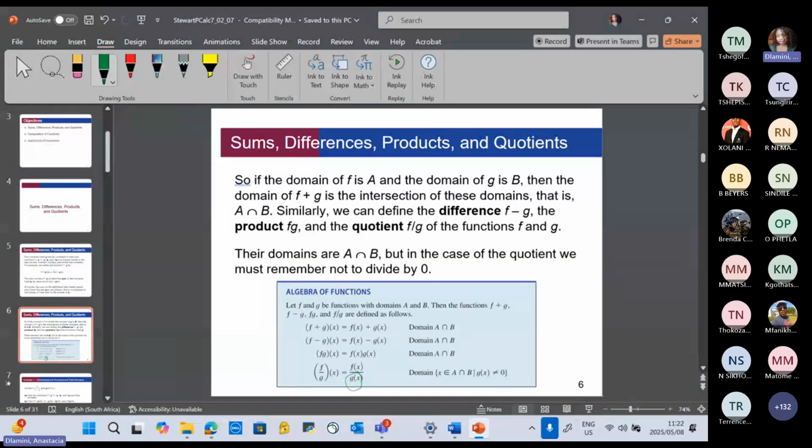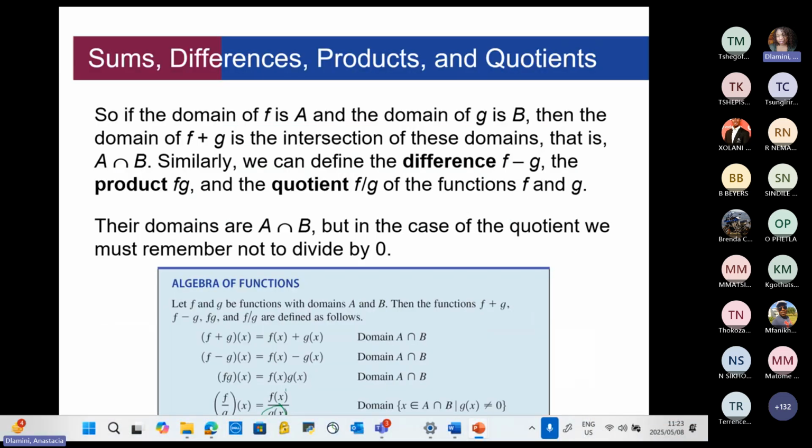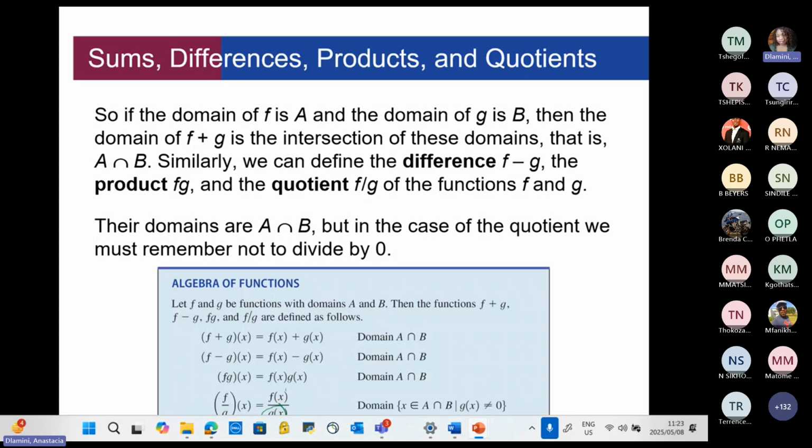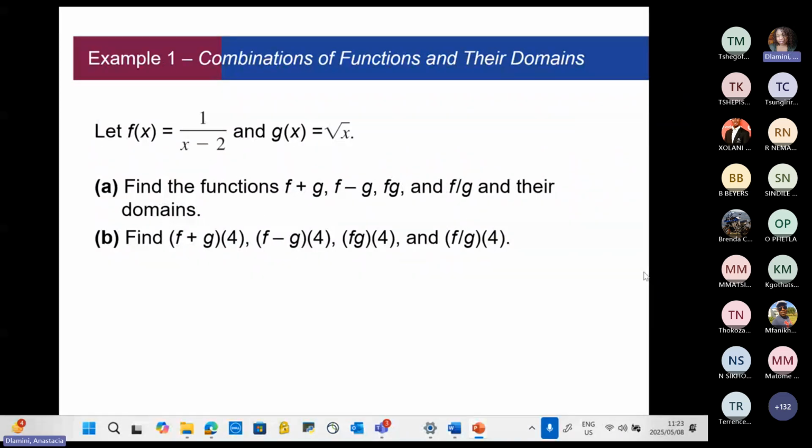So this is what they're saying. If you have f plus g, you go and find the domain of f of x, and then you go and find the domain of g of x, and find the intersection of the two domains.